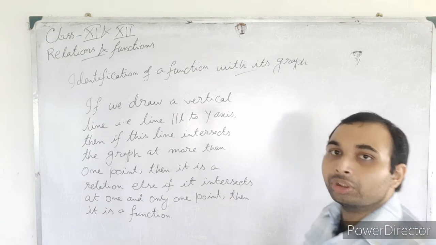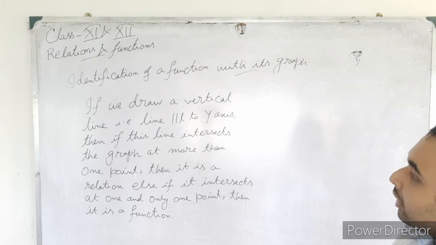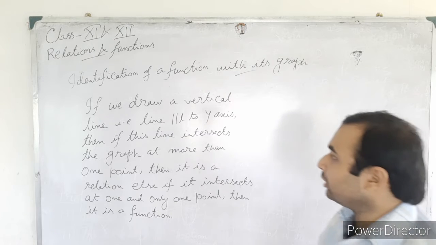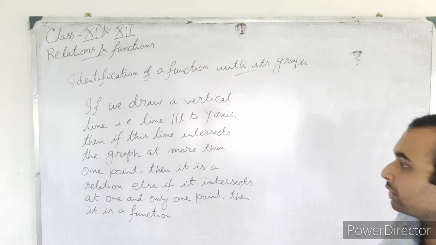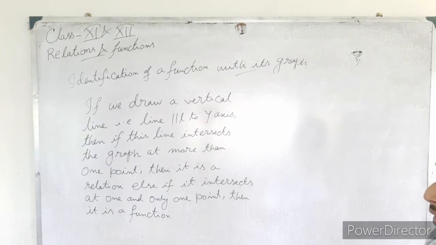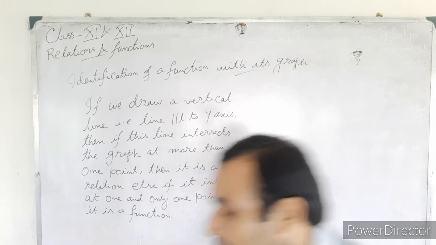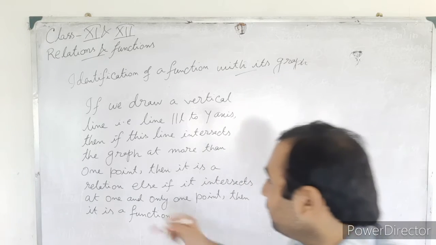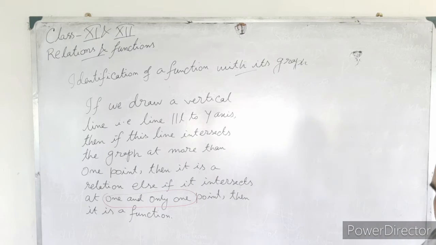If we draw a vertical line, that is a line parallel to the y-axis, and this line intersects the graph at more than one point, then it is a relation. Else, if it intersects at one and only one point, this is very important, then it can be called a function.